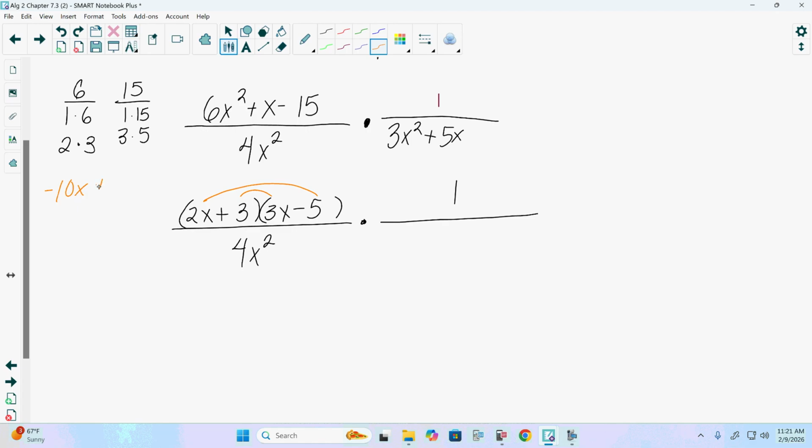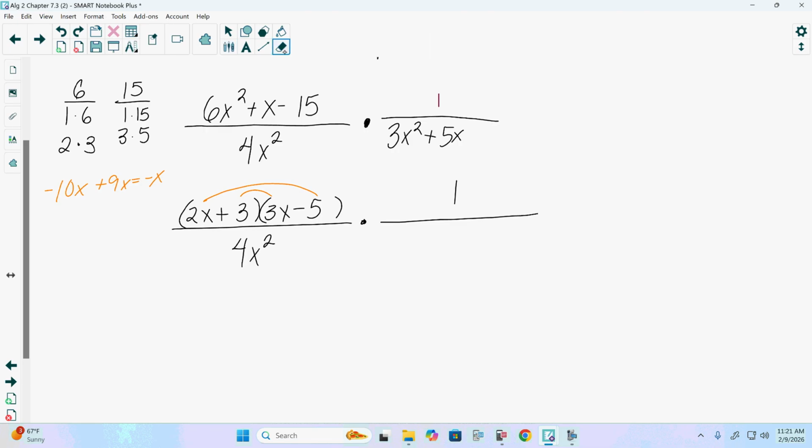Positive 3 times 3x would be positive 9x. Negative 10x plus 9x, negative 10 plus 9 would be negative 1, or negative 1x. Is that the middle term we wanted? No. Yes and no, because we want it to be positive 1x, not negative, yes?